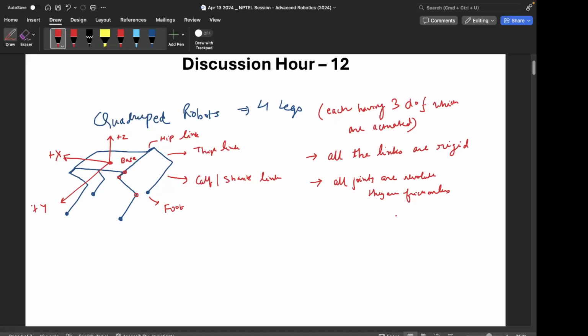As we had seen in the last discussion, 12 degrees of freedom are the actuated ones, and we have 6 degrees of freedom of the base, which is unactuated, right? So we have a total of 18 degrees of freedom.